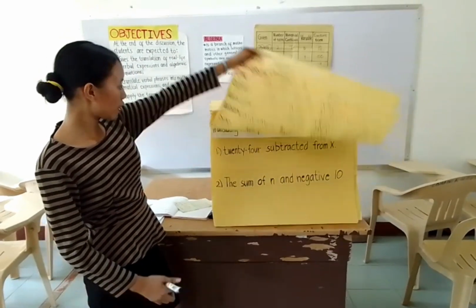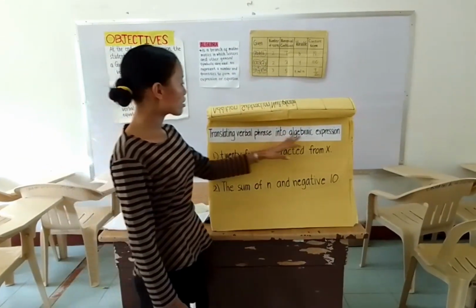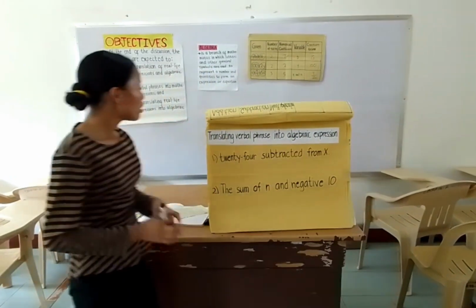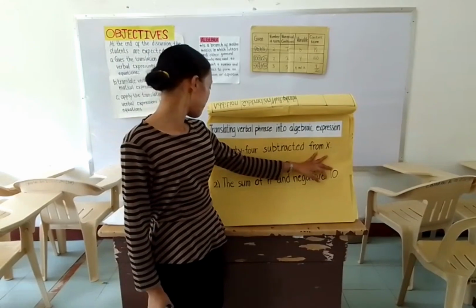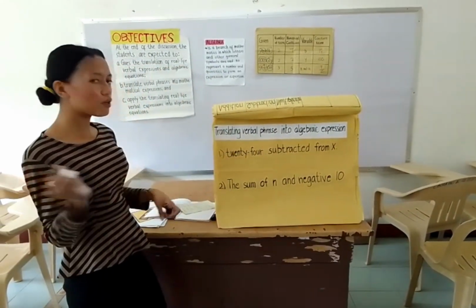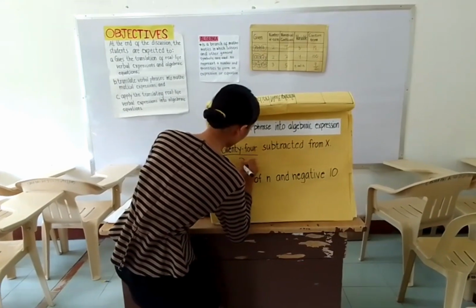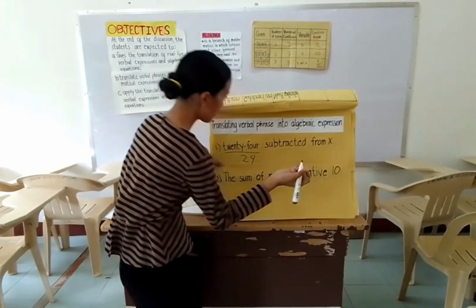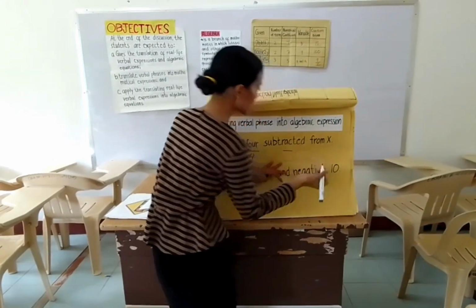So we are going to translate verbal phrases into algebraic expressions. Number 1, 24 subtracted from x. So we are going to write the number 24. Next, the word subtracted is minus.